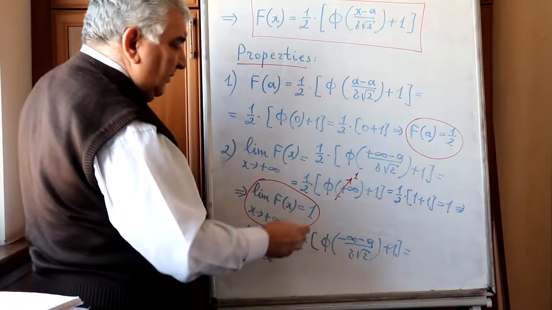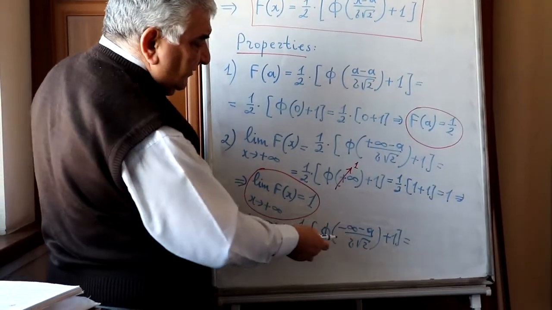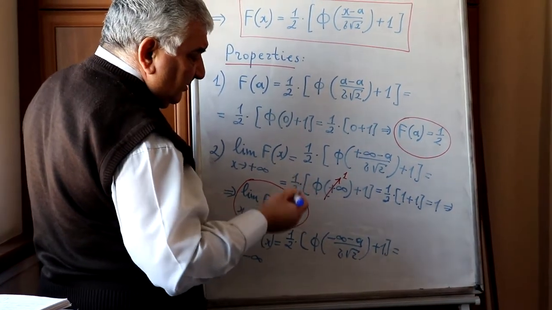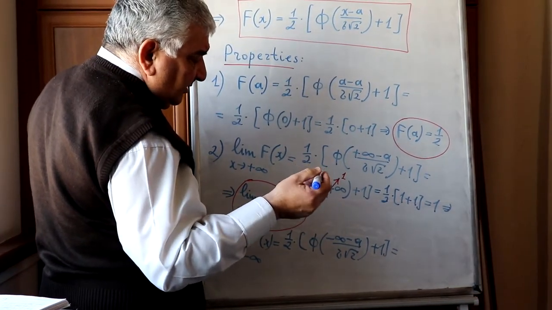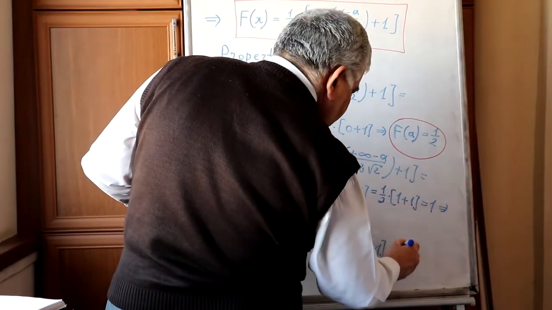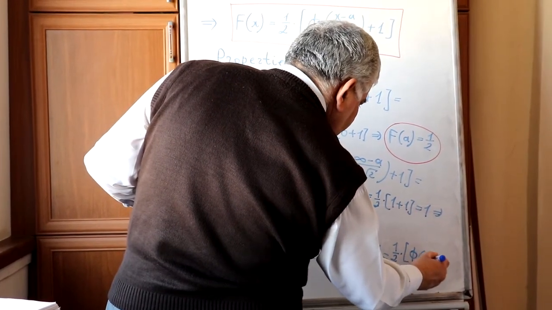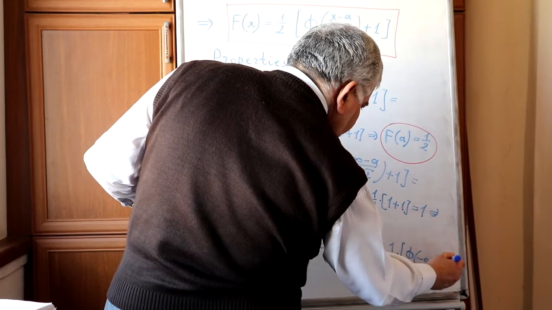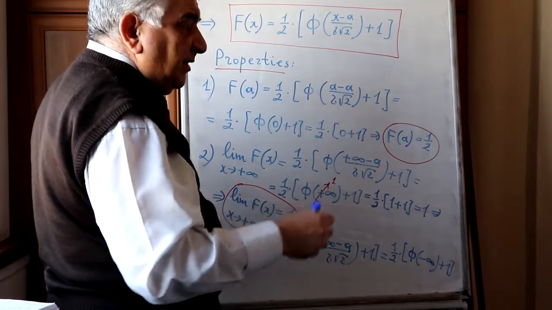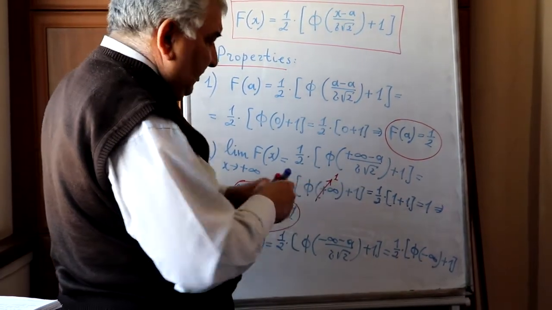Then minus infinity minus a, you already know that it is minus infinity. Minus infinity divided by sigma square root of 2 is also minus infinity. And finally we have 1 second multiplied by phi of minus infinity plus 1. And phi at minus infinity is minus 1 according to one of the properties of the error integral.